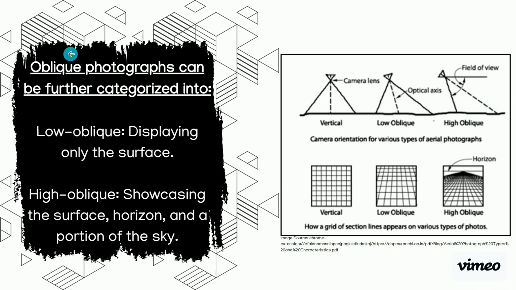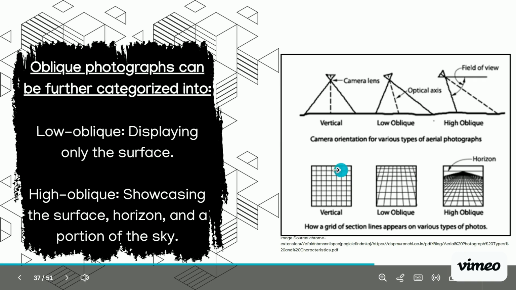So your oblique photographs can be further categorized into low oblique and high oblique. So in the image you can see this is how a vertical camera lens takes photos, and then this is your low oblique, and even more at an angle is called your high oblique.